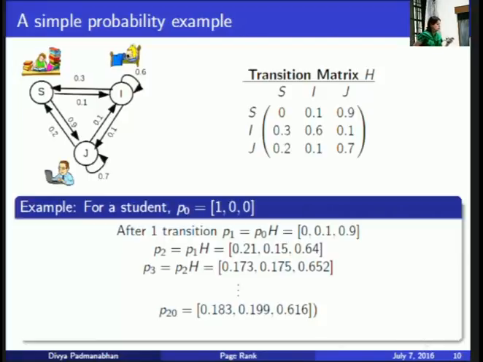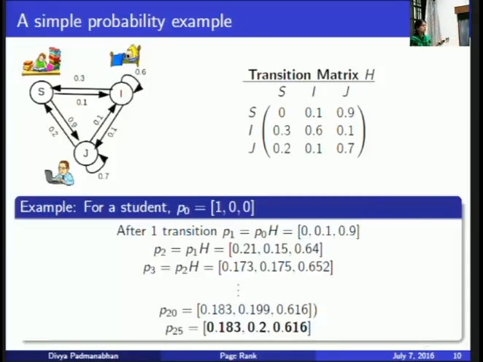Finally it reaches this vector, and after that, if you do one more transition, there is no change. You end up with the same vector. The mathematical term for this is that the system has converged towards this vector.